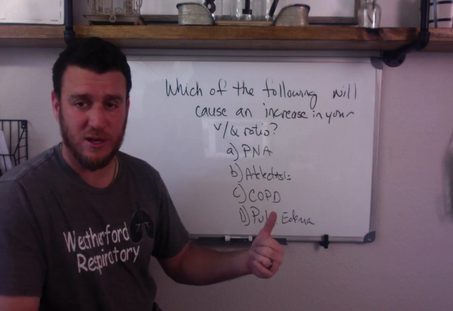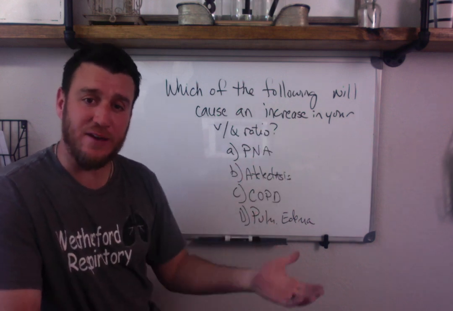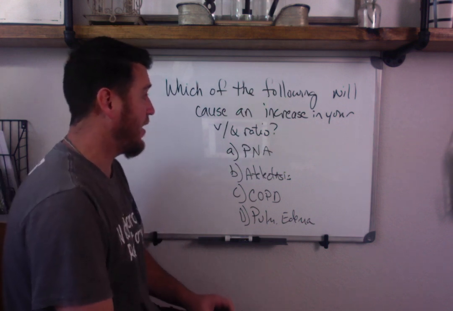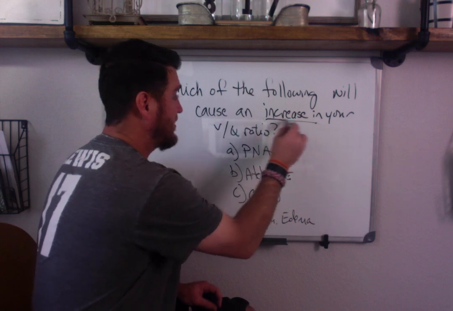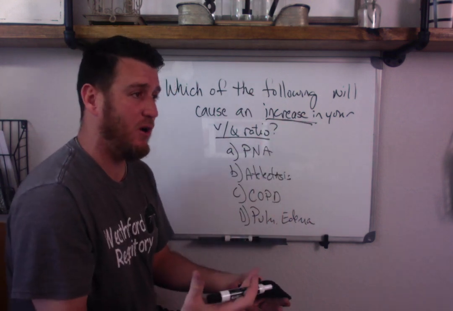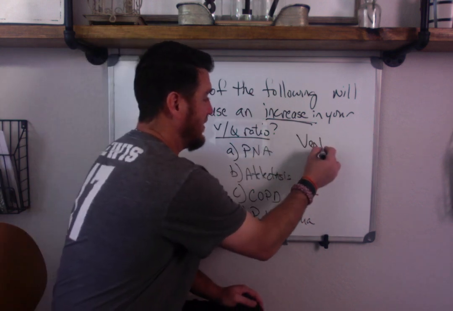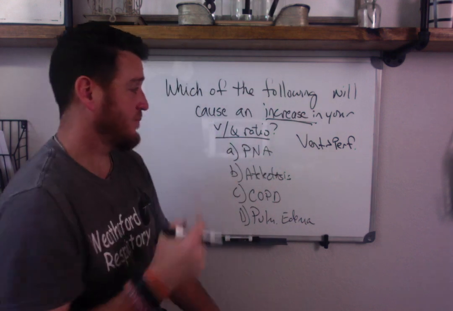Just like the other two. I forgot to tell you to pause the videos previously, but pause this video, see if you get the right answer. Now, the question here is which of the following will cause an increase in your VQ ratio? What causes my VQ ratio to go up? Ventilation in excess of perfusion.